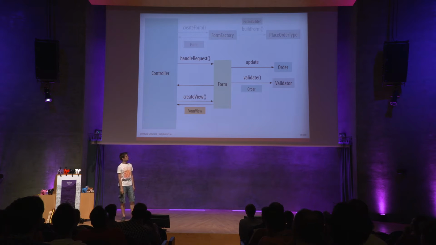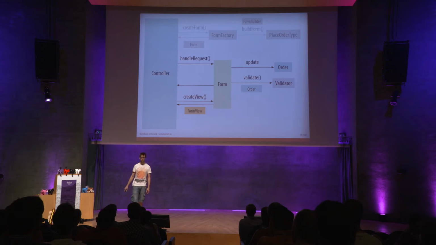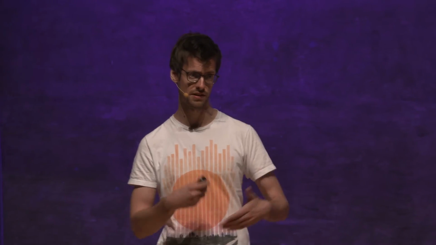If you render your form, for example for the first time, or if there were some validation errors, you can also call createView on the form, which will return the form view object and move that object to your Twig template, where you will use it to render the form.